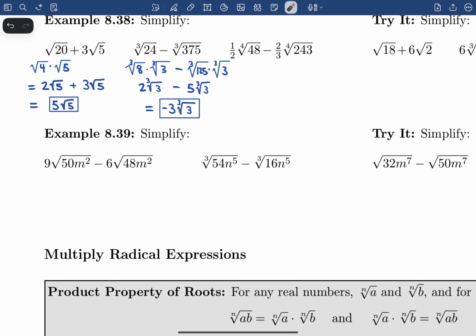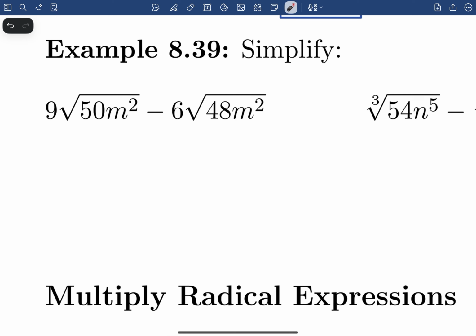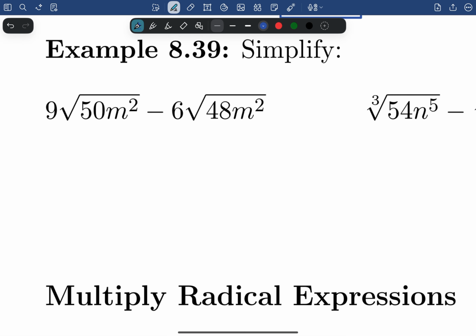Okay, let's jump in. So when I see this square root of 50m squared, I'm going to break it into two square roots. I'll show you. So I have this 9 in front, but I'm going to create the perfect square root and the leftovers square root. And then I have this minus 6.